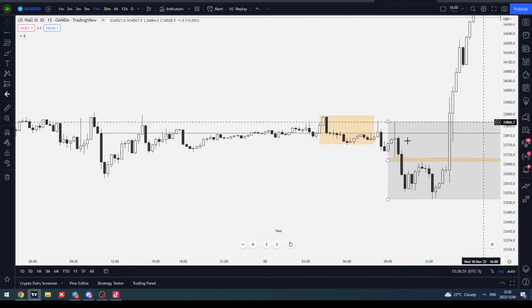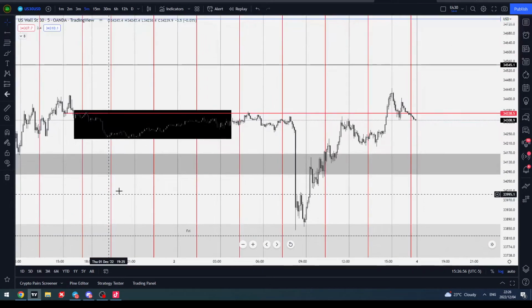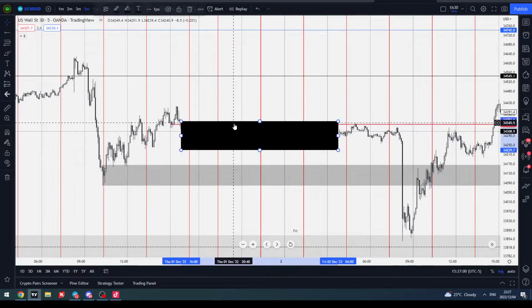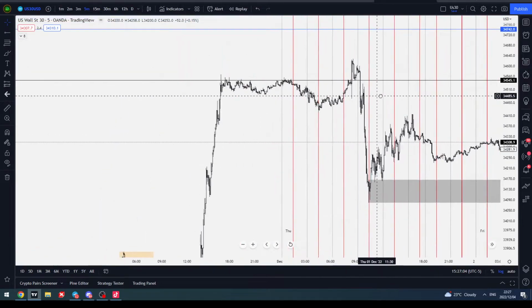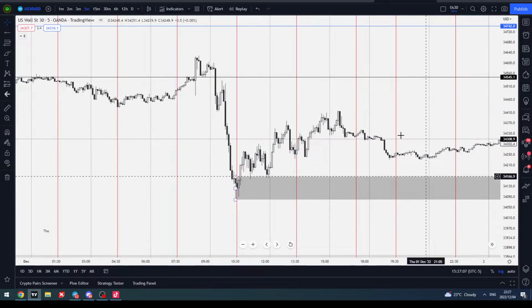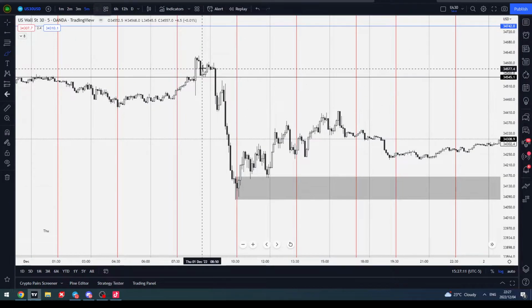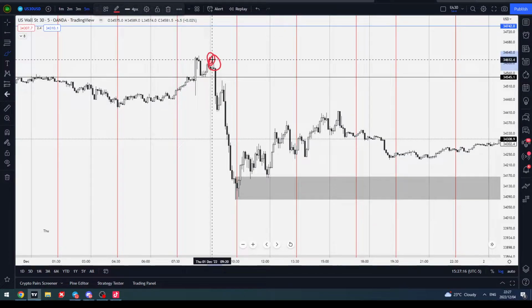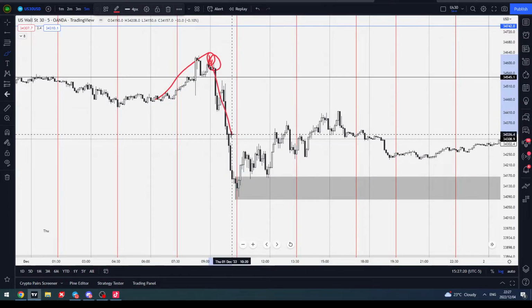And if you know the times in the day, then I know around which time in the day I'm expecting price to change the state of delivery, which is moving from buy side program to sell side program. Here at 9:12, I expect the program to change from buy side to sell side, so I'd be looking for shorts here.